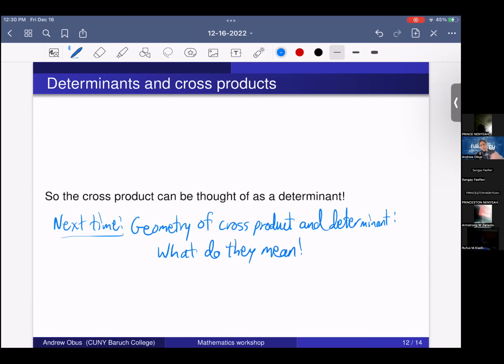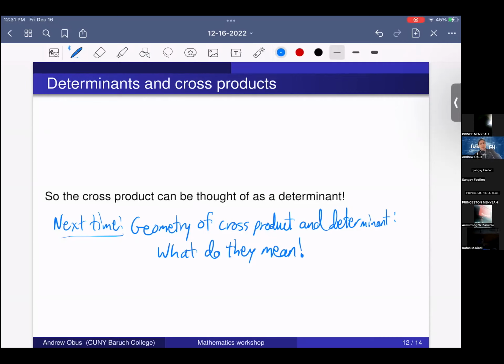I mean, in both of these lectures, all I did was say, okay, here's some formula for the determinant, and here's some formula for a cross product of two vectors. But anybody can make up formulas, right? The only reason they're worth studying is because they actually have some sort of meaning. And so this meaning is what we're going to talk about next time.